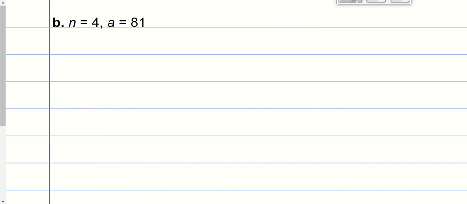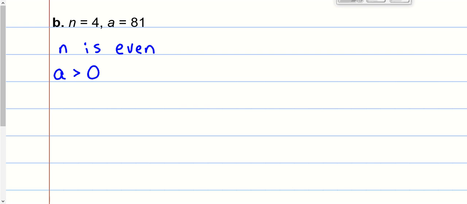Okay, let's try another one. This one, we have n is 4, a is 81. Well, is n odd or even? Looking at 4, 4 is even. And a, 81, is greater than 0.